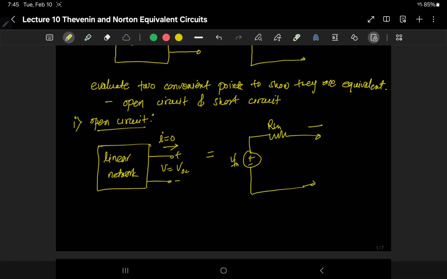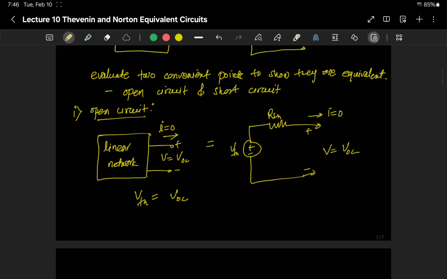If I is equal to 0, and the voltage across this open port is VOC, we see that VTH equals VOC, because the current is 0, so across this RTH there is no voltage drop. So when we start trying to form a Thevenin equivalent, we will have to determine the open circuit voltage of the original network, and that will give you the Thevenin voltage.